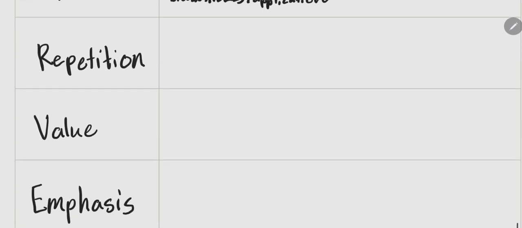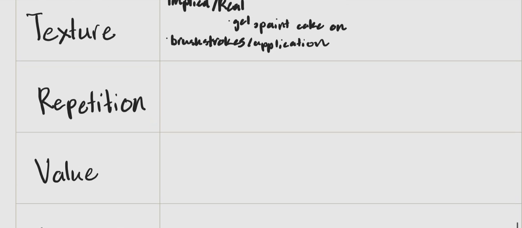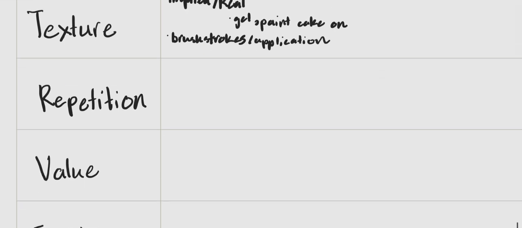And then we also have our repetition, value, emphasis, and color. So our repetition is when we just repeat the lines, the textures, the shapes, the other elements in our art.